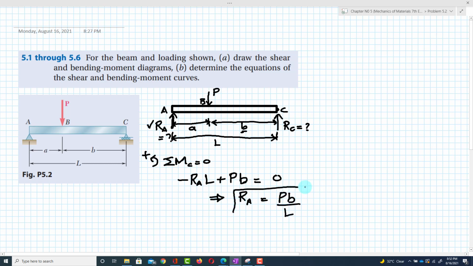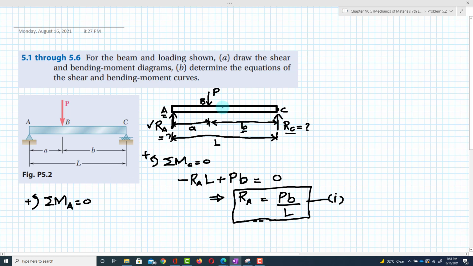Now the beam is not symmetrical, and you have to find the reaction force at C. So this is equation 1. For finding the reaction force RC, you have to take the moment about point A equal to 0, taking the counterclockwise direction as positive.